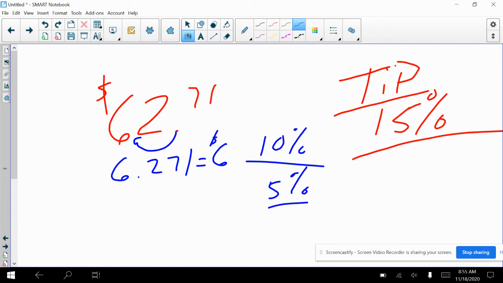Well, listen, if you know that 10% is 6, and you want to find half of 10%, you divide it by 2. What's half of 6? 3. That's our 5%. So now you add them up, and 15% is roughly around $9.